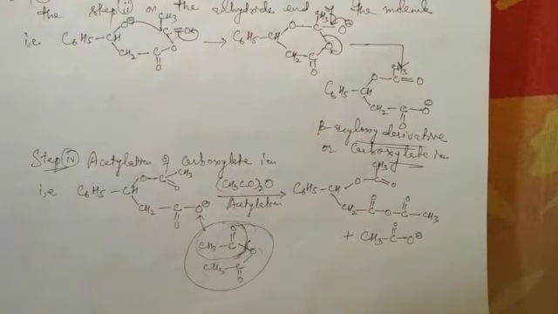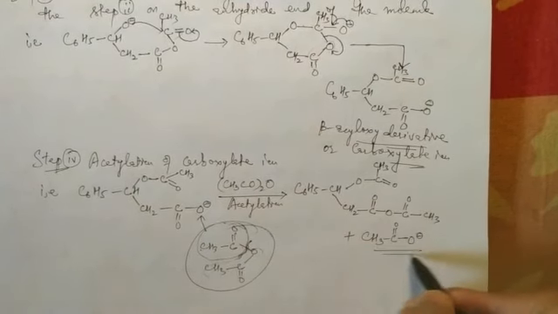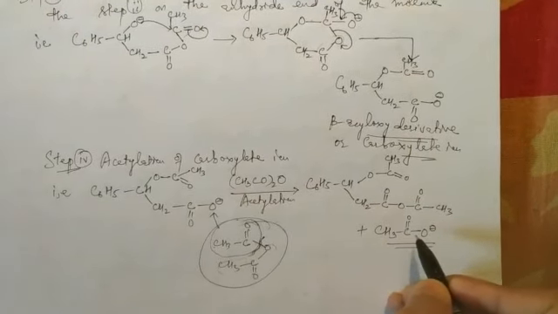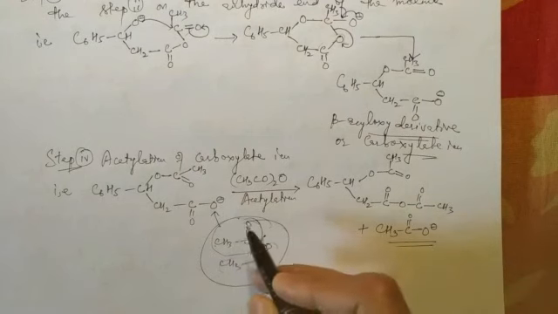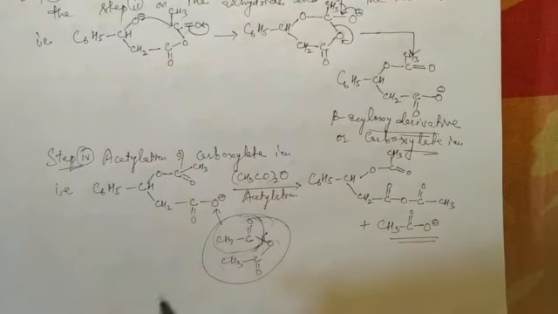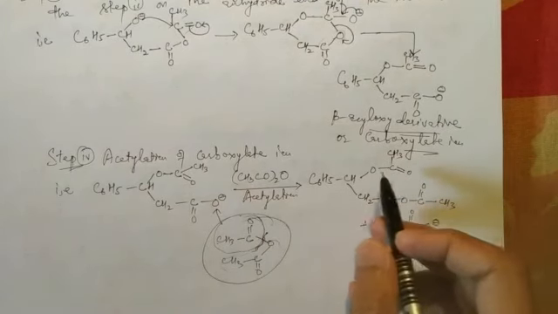Okay, now what happens in the next step? In the fifth step, this ion which is released in the fourth step acts as a base and abstracts another, that is the second, alpha hydrogen from this entire molecule.